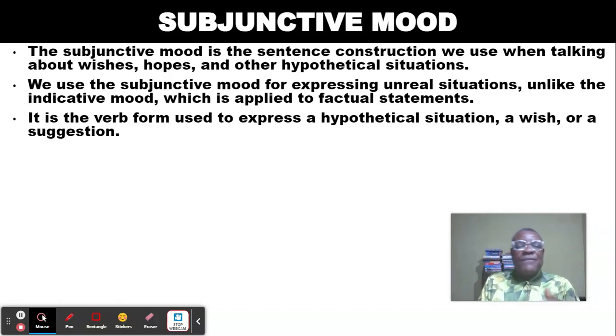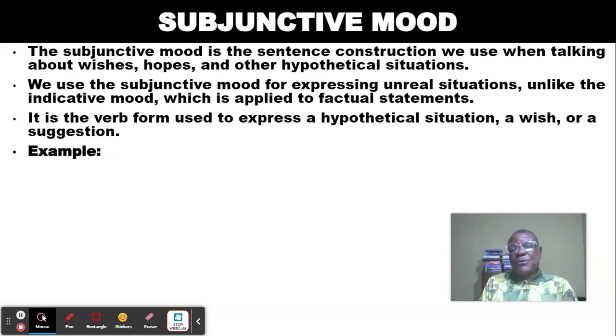So it is the verb form used to express a hypothetical situation, a wish, or a suggestion. It could be a demand, it could be a proposal, it could be a proposition. So those are the different things you can use the subjunctive mood to express.